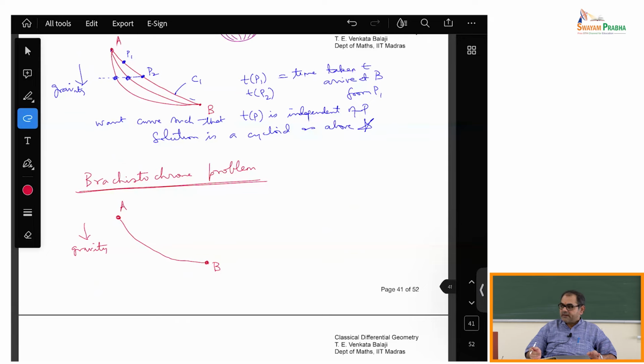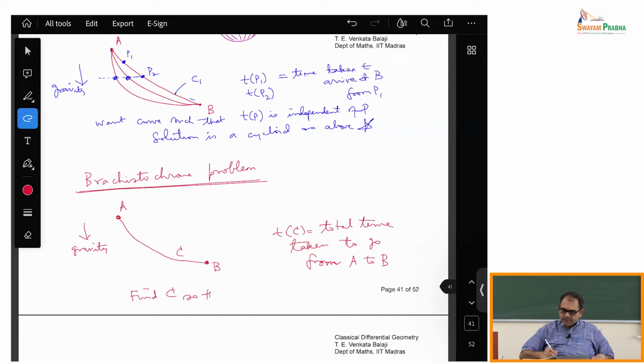It is constrained along a curve, and what I want is to find a curve C so that the total time taken is minimum. So if this is C, T(C) is equal to the total time taken to go from A to B. The problem is to find C so that T(C) is minimum.